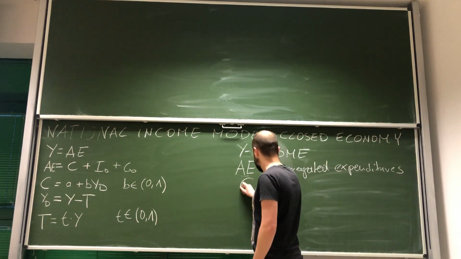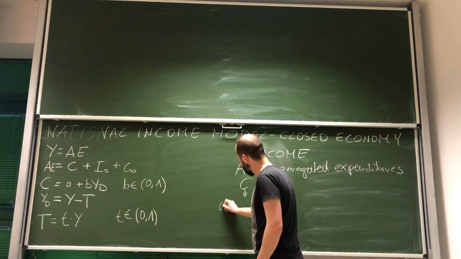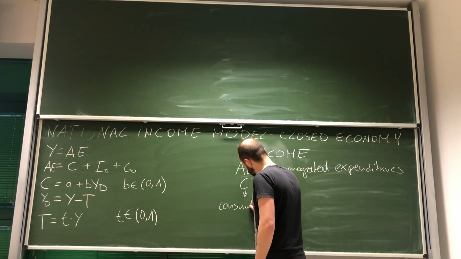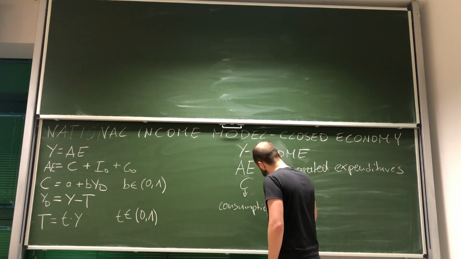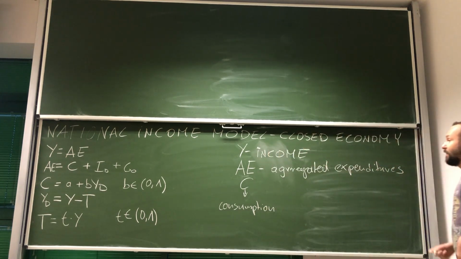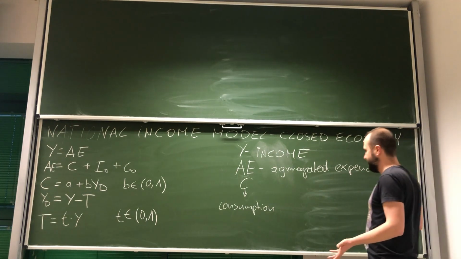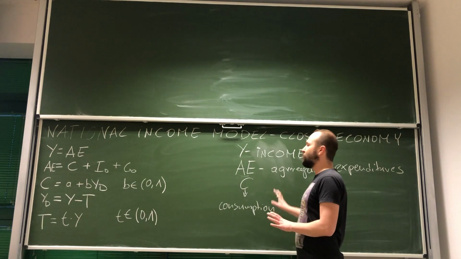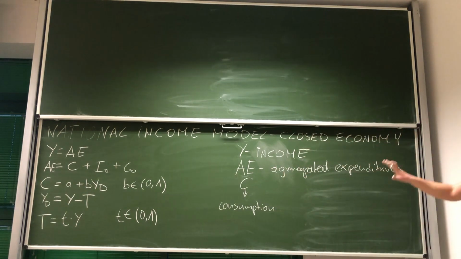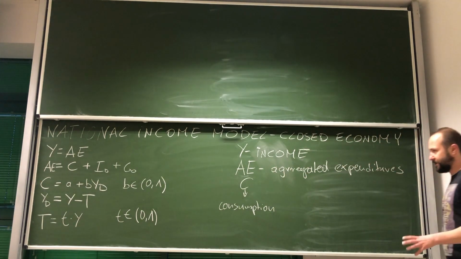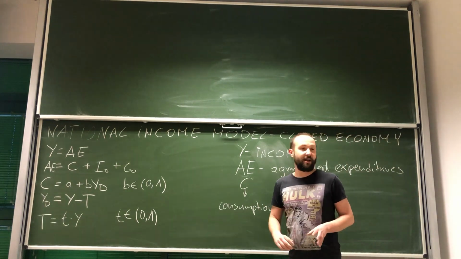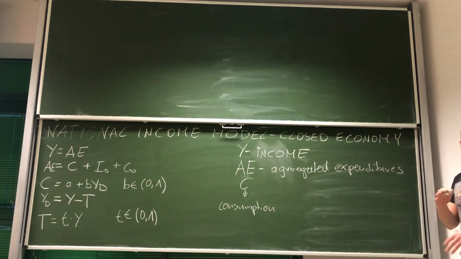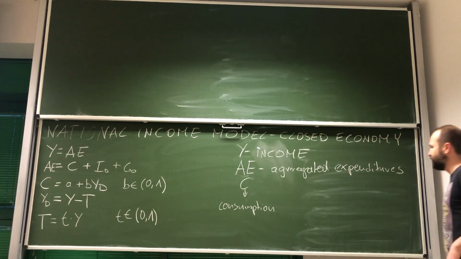One is C, and it is consumption. Consumption is simply expenditures of households on everything they buy. We're going to get into details of how consumption works, but for now, let's just list all the categories and explain what they are.